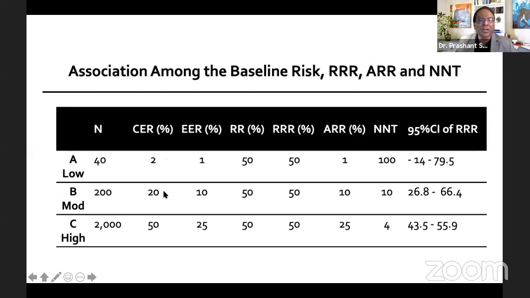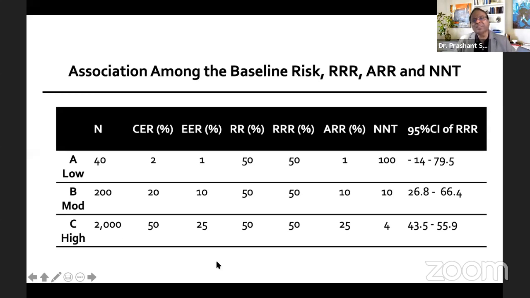If you look at the control group here, the absolute risk reduction was 10. So 20 minus 10, you get 10. If you look at the high risk group, there is a 25% risk reduction with the use of aspirin. But if you look at these numbers, they are constant, regardless of the risk of these patients.